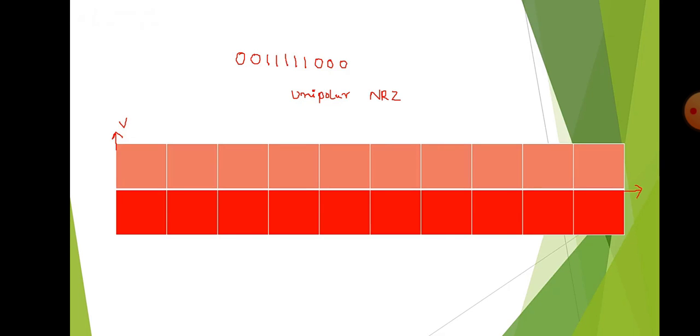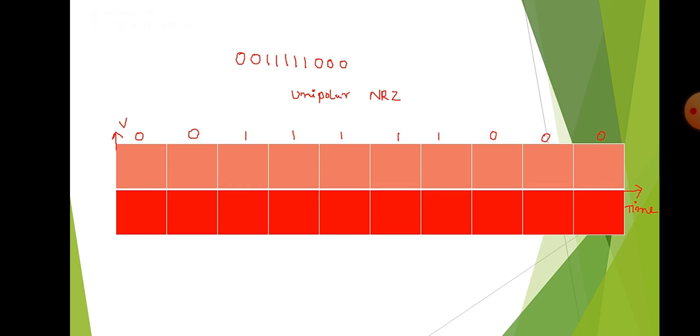First we can represent the pattern as it is: 0, 0, 1, 1, 1, 1, 0, 0, and the last bit is also the same.